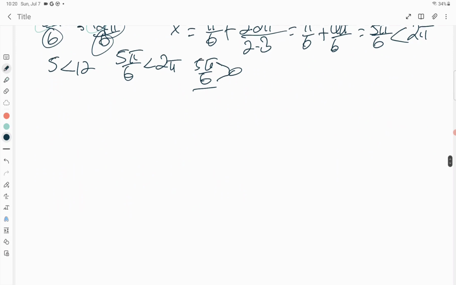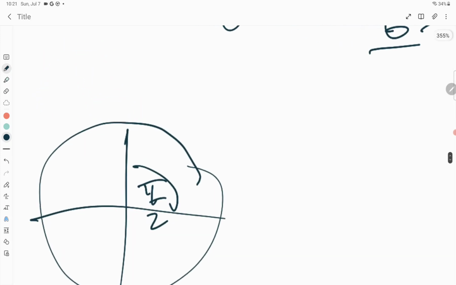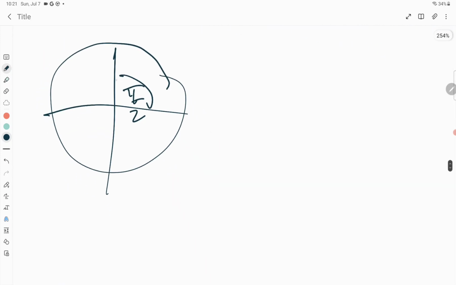There could be other angles that make this true. So remember, this is what we have thus far. We've gone pi over 2. Let me zoom in here. This is pi over 2. Then you've done one additional turn from here. That's an additional 2 pi. But guess what? Each time you do this, you get brought back to the point (0, 1) right here.